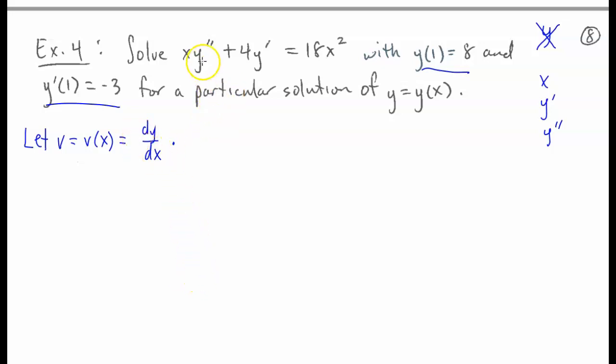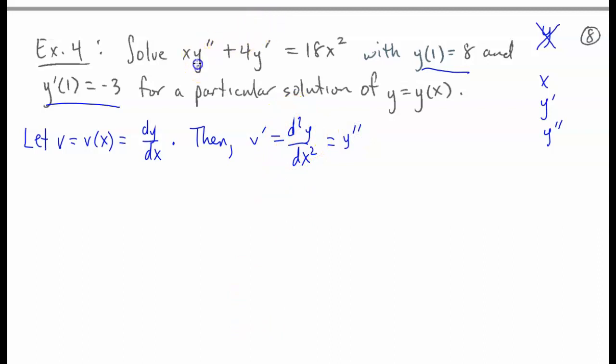So again, we see here that we do not have y in any term being shown, so that we can make this assumption here for the substitution. Because of that, then we just say that v prime, which is the same as second derivative of y with respect to x, is just going to be y double prime, okay?